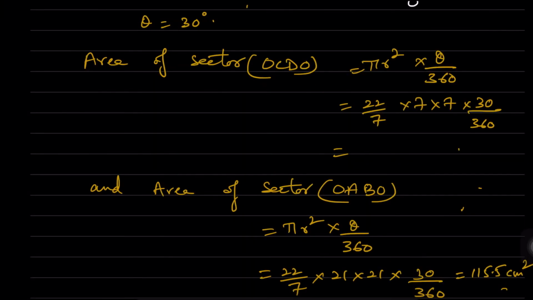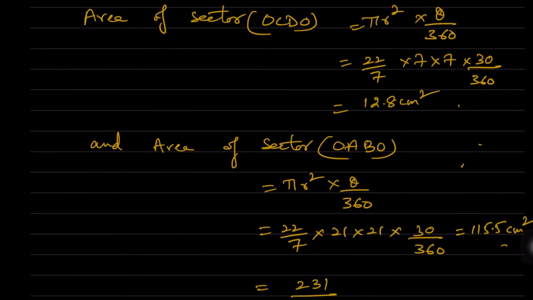So area of sector OCDO is equal to pi r square into theta by 360, which is equal to 22 by 7 into 7 into 7 into 30 by 360. So this is equal to, you are getting it as 12.8 centimeters square.